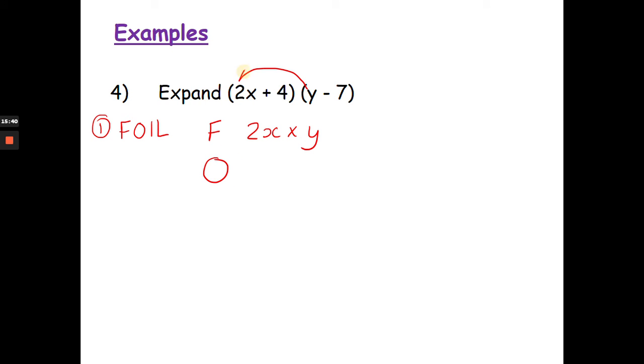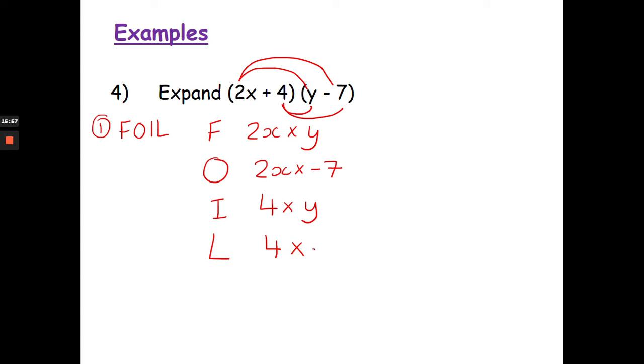Outer, 2x times minus 7. Inner, 4 times y. And last, 4 times minus 7. So let's work each one out.